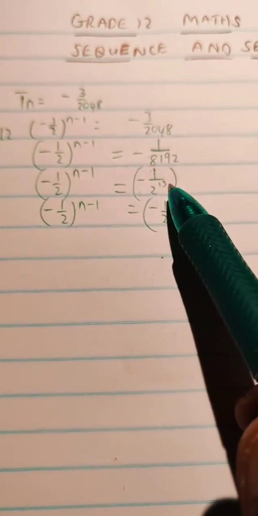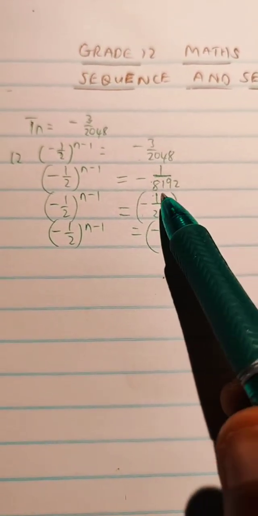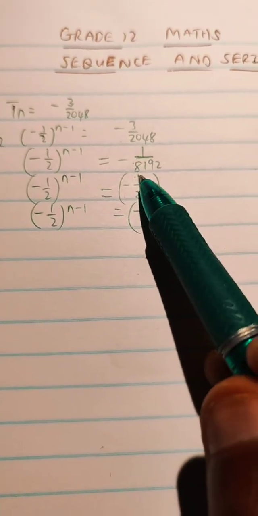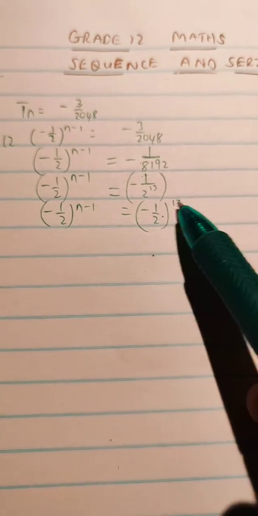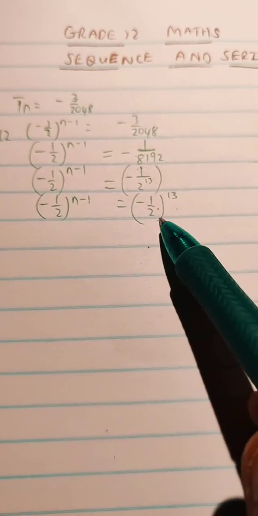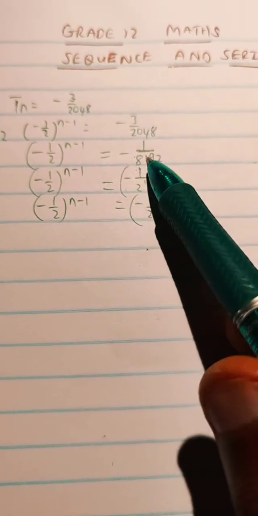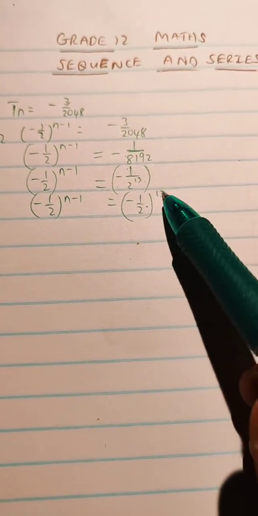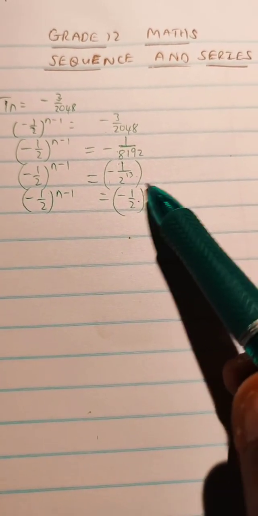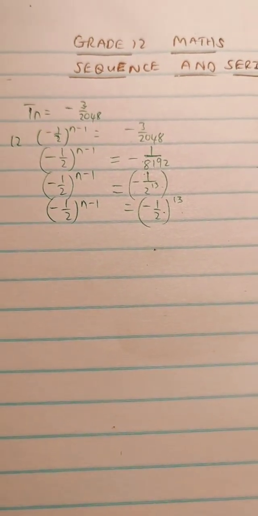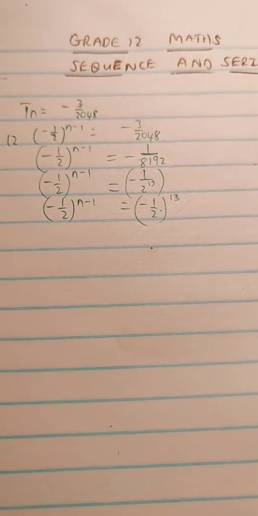And remember, this exponent 13, I can place it outside because the numerator value is 1, and 1 to the power 13 basically still gives me that 1, whereas 2 to the power 13 in the denominator will give me that 8,192, and this negative sign remains unaffected when we apply the odd number exponent. So these are all valuable things, because when we know these things, it helps us out.